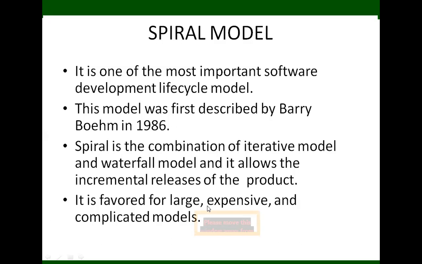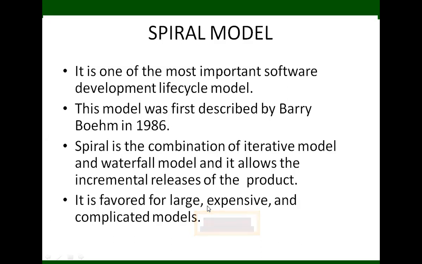Also, it allows simple release of the product. It means it always updates: in phase one, software is delivered to the customer, then in phase two we update the software and again deliver it to the customer. That is what we call an incremental release.